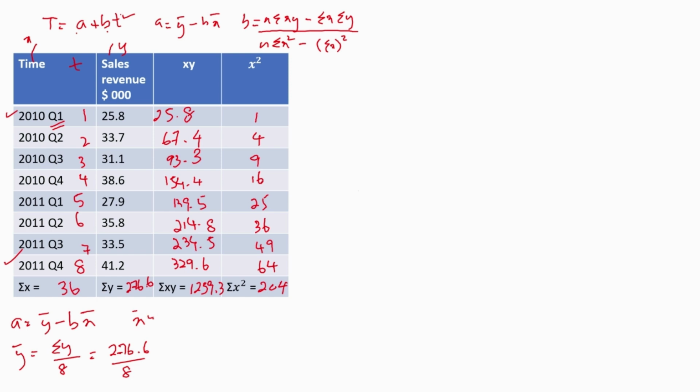So the x bar equals sigma x divided by 8. 8 is the number of x values. See here 1, 2, 3, 4, 5, 6, 7, 8. This is the average. So this will be 36 divided by 8. This equals 4.5. Now we have to find the b value.